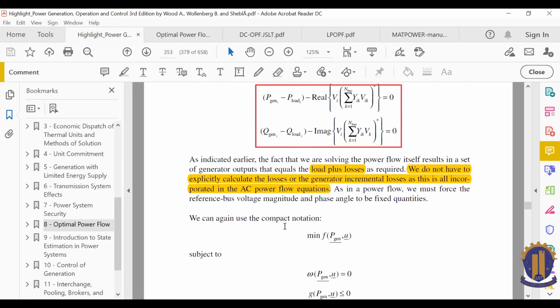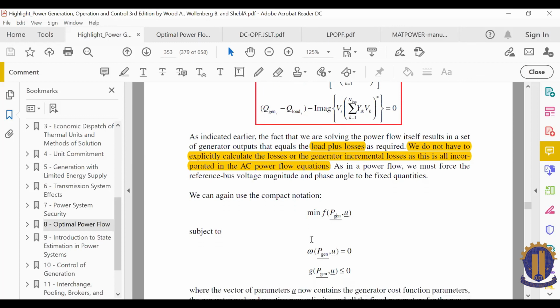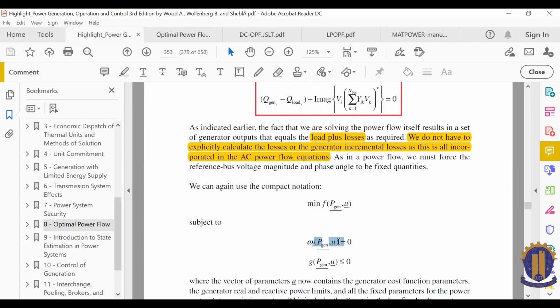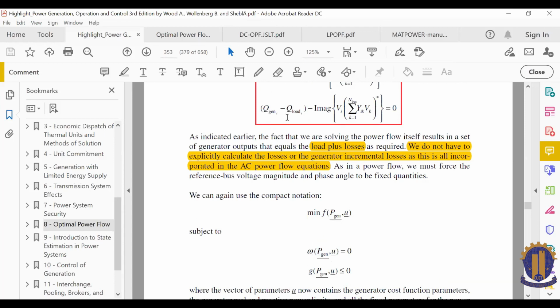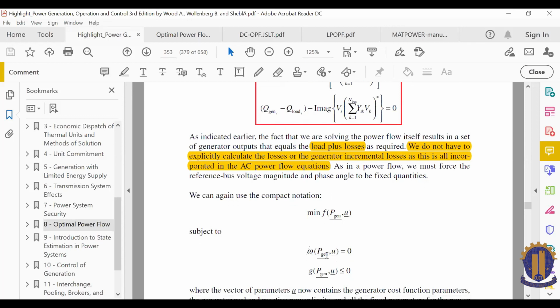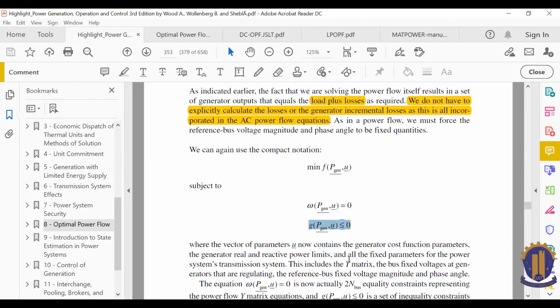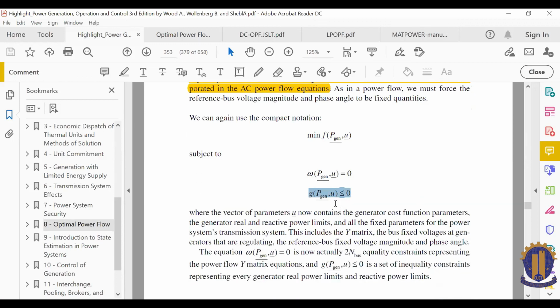We can again use a compact notation of the objective function, the minimum cost function, with control variable u, the generation, subject to equality constraints. The equality constraint has two components: the real power equality constraint and the reactive power equality constraint. Then this term is for the inequality constraint. Inequality constraints mean the limit of the generation, and also the voltage limit.